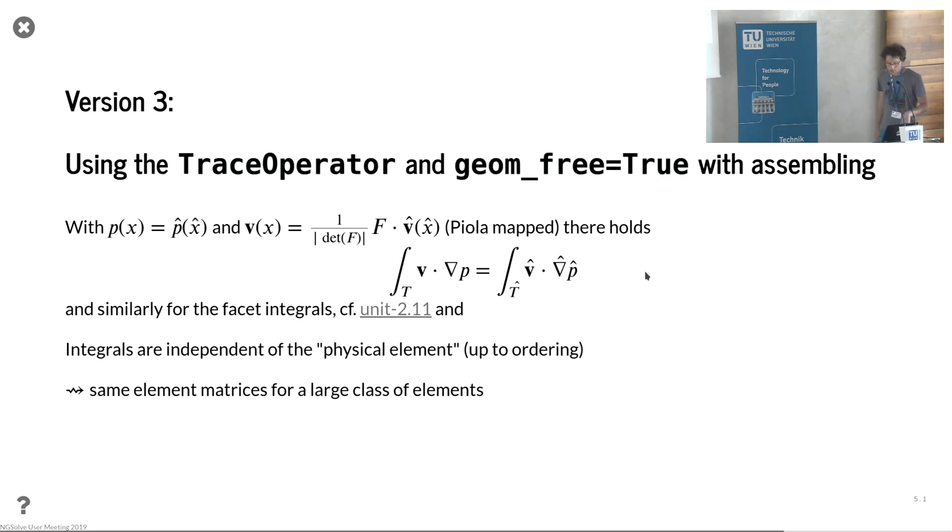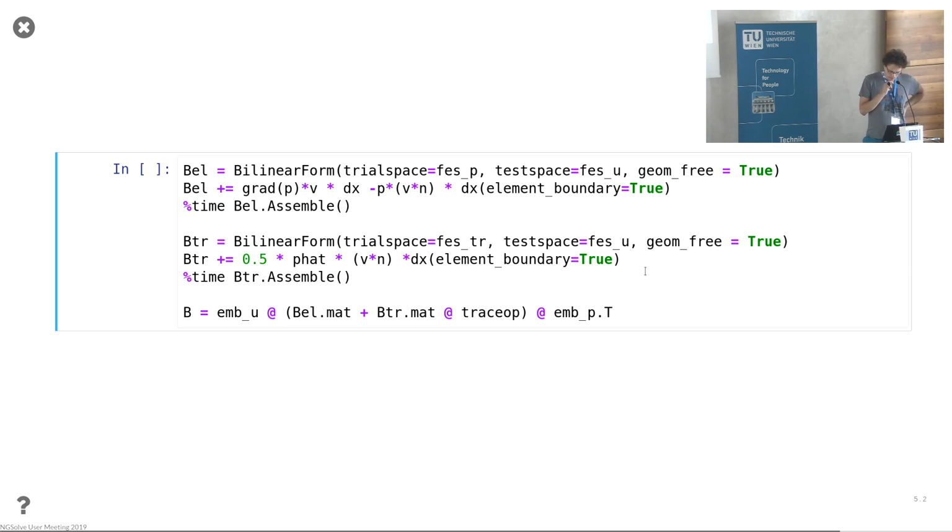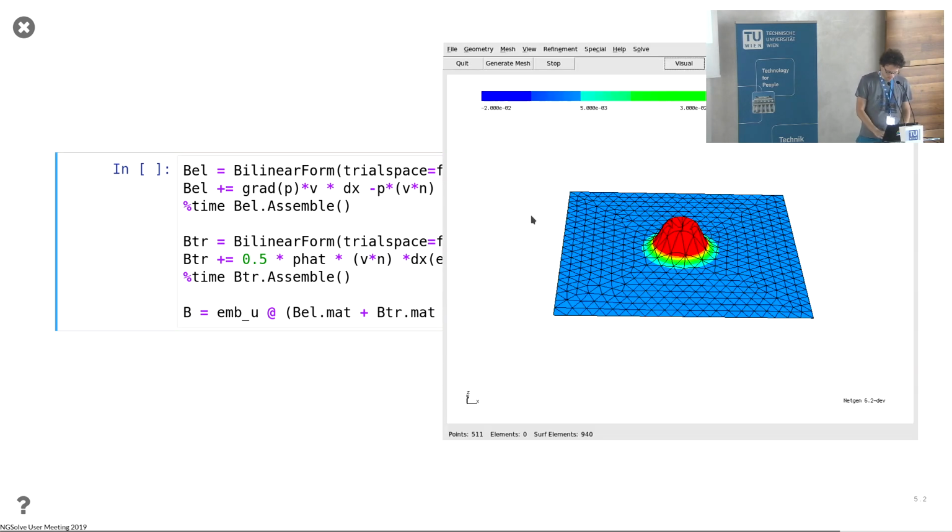So version 3 is now what we did not exploit yet, the fact that we have the possibility to exploit the geometry-free integrals. So we have the Piola mapping involved, and that's kind of what we want to exploit now in the last step. So this is now the same setup as before, so trace operators and so on, but now we add the flag geometry-free here.